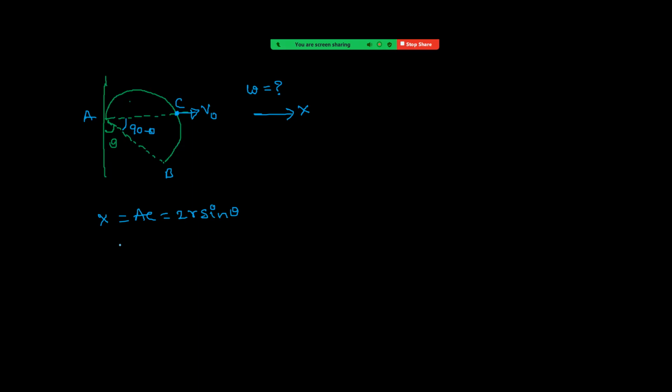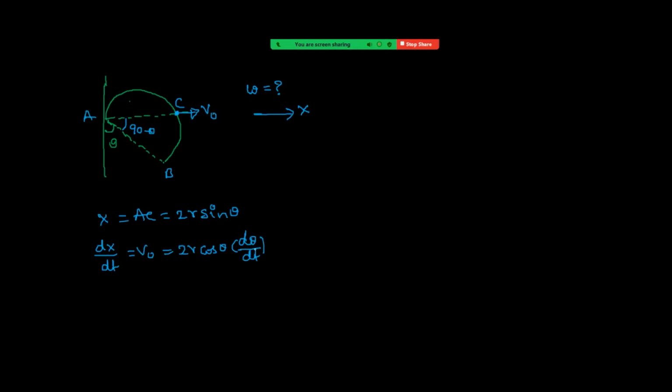And we know that velocity means rate of change of position vector with respect to time. So differentiate this: dx by dt, that is equal to v naught, which is equal to 2r times the derivative of sine theta, which is cos theta into d theta by dt.